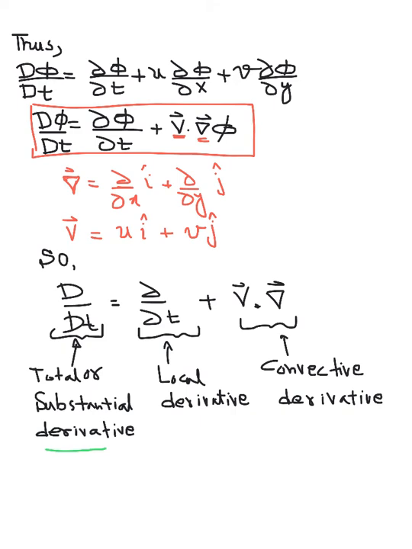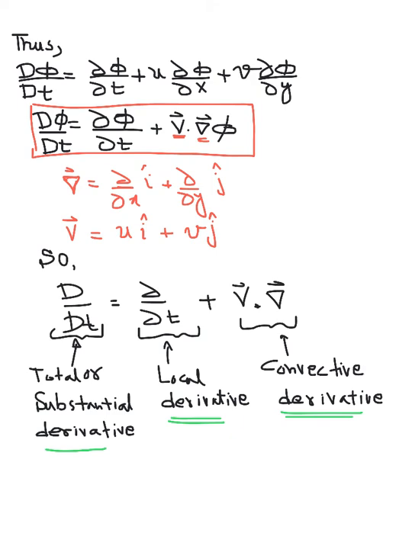In the right hand side we have two terms. The first term is the local derivative of that property, and the second term is the convective derivative of that property. The total derivative is the time derivative, which is carried out as one follows the particle or the lump of fluid.